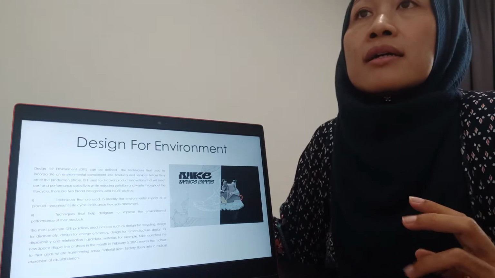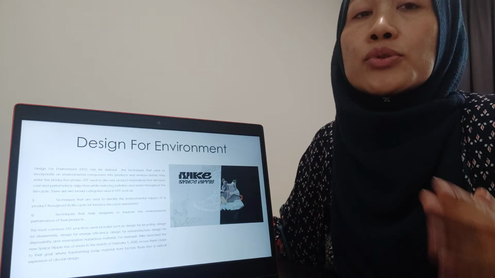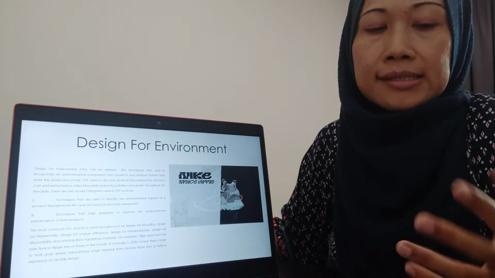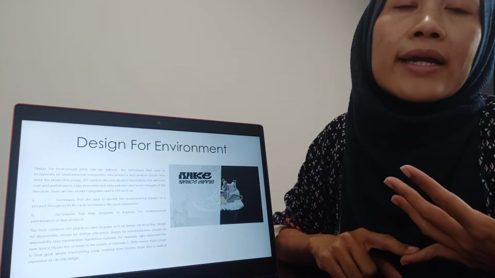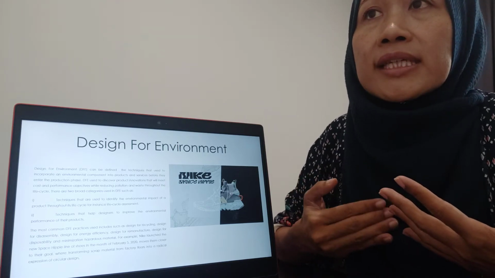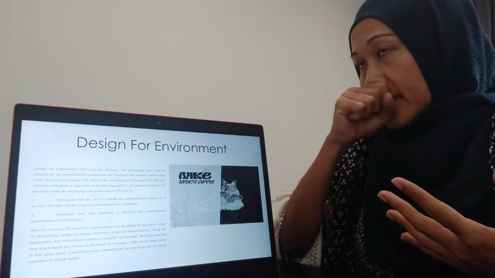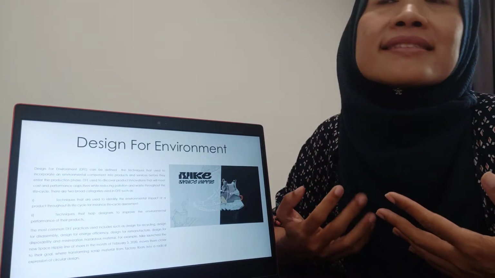life cycle. There are two broad categories used in DFE, such as techniques that are used to identify the environmental impact of a product throughout the life cycle, which is known as the life cycle assessment.